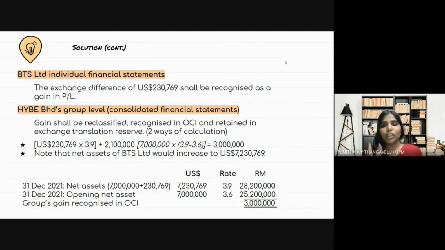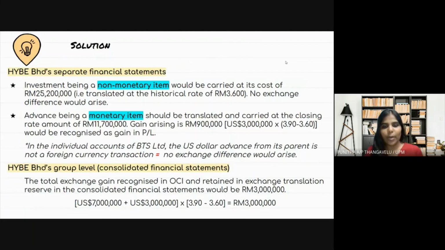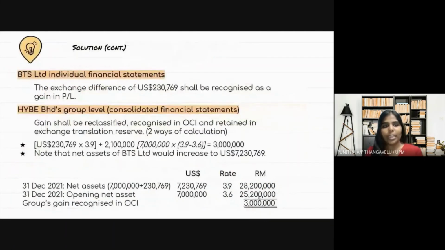There are two ways of calculation. The first one is the same as the previous one, which we used in this example in getting this 3 million. The second one is we have to take note that the net asset of BTS would increase to 7,023,769 US dollars.